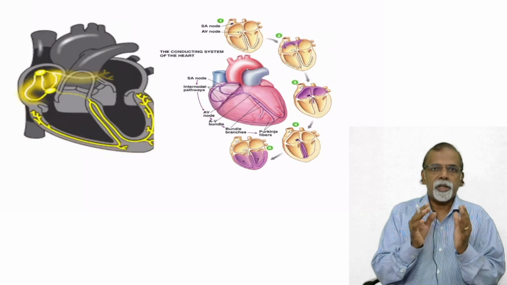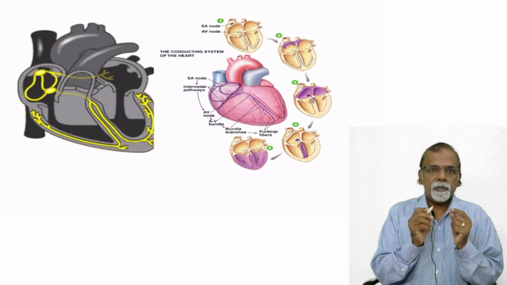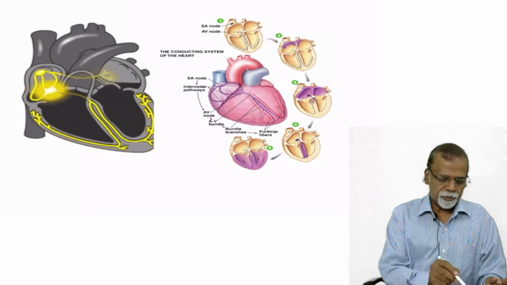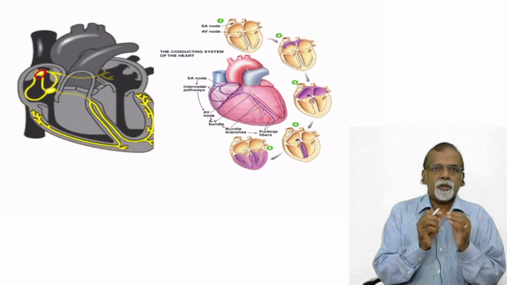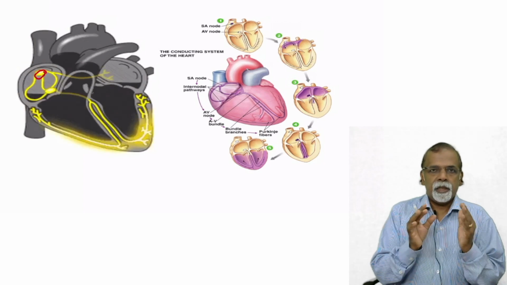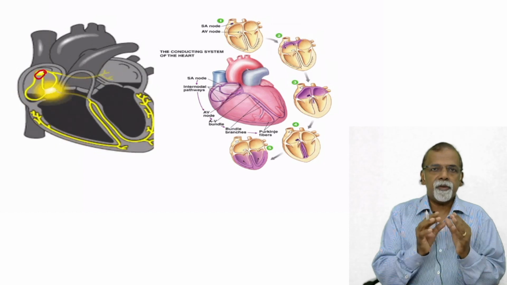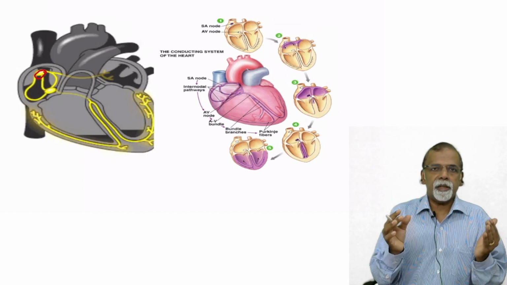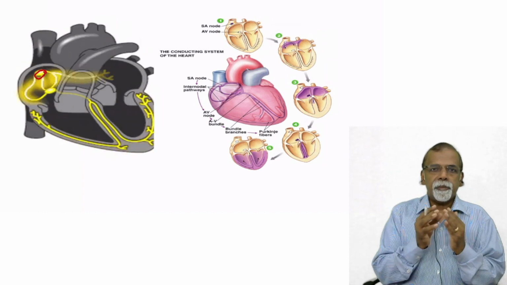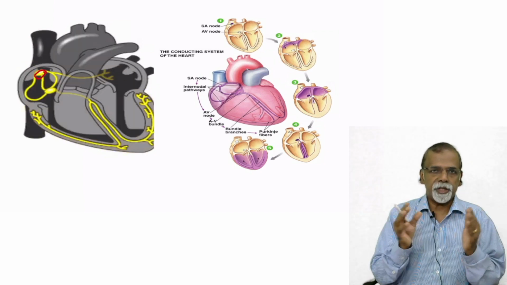They are otherwise called the conducting system. So the conducting system starts at the SA node. SA node is actually the pacemaker of the heart. It has an intrinsic capacity to produce impulses, and since the SA node rate is higher, around 60 to 80 per minute, the subsidiary pacemakers are not functional.